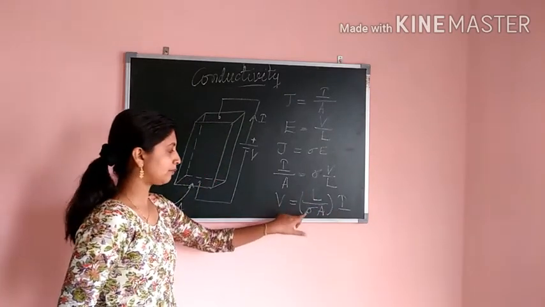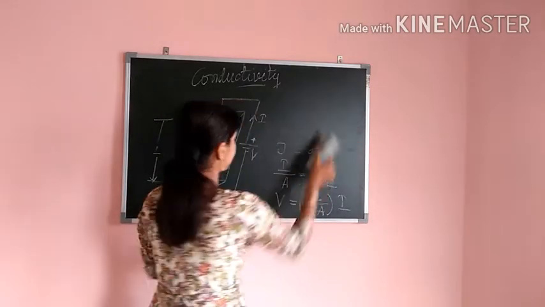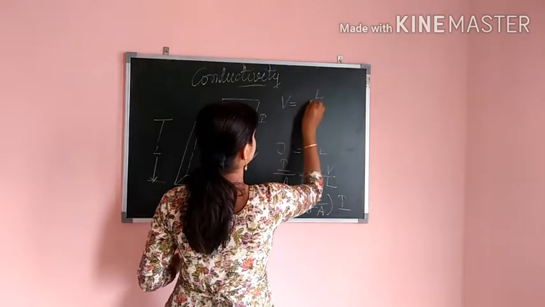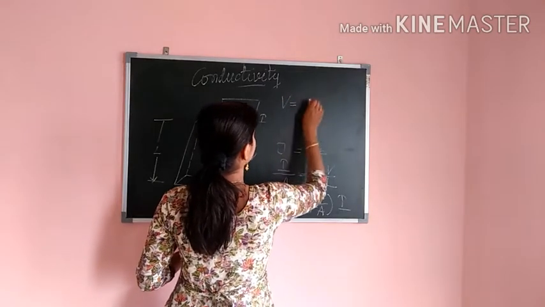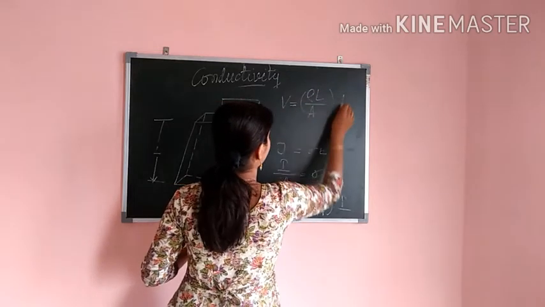We know that 1/σ is the resistivity ρ. So we can rewrite this equation as V = (ρL/A)I.